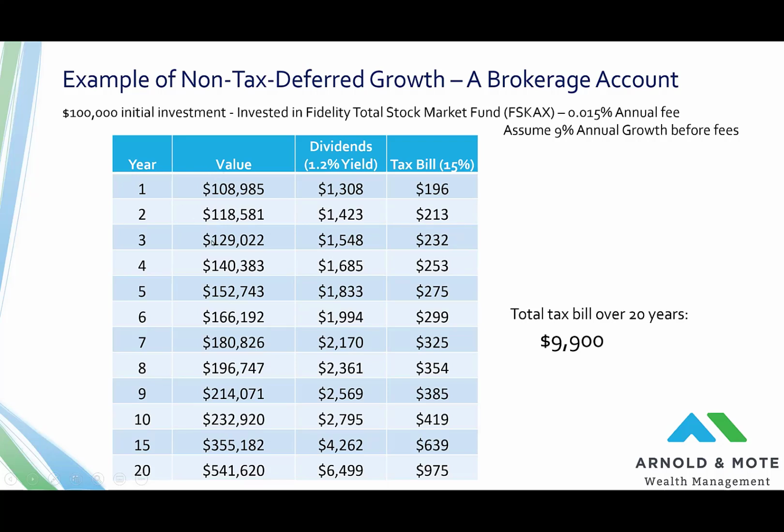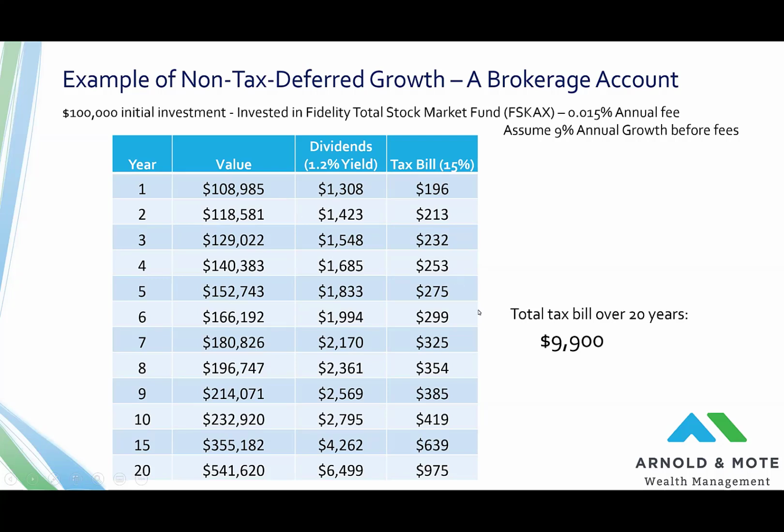And so you can see over time, these account values grow. This chart is assuming that the investment is sold to pay this tax bill. In reality, we don't see this happening a lot with people, but just to make a completely fair comparison here, what I'm assuming is that every year for this tax bill, you're selling some of this investment.